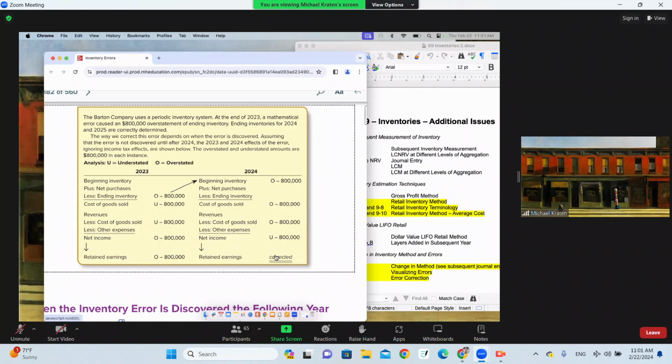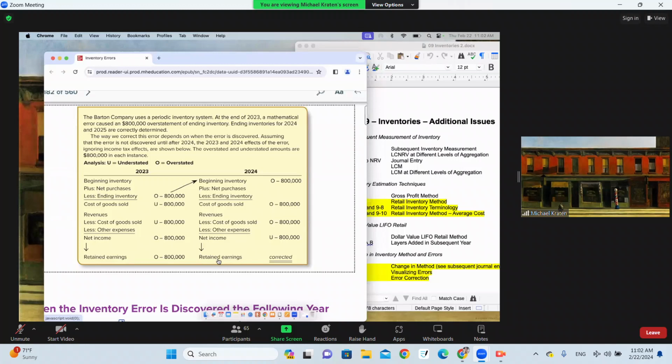Okay, so that's a summary of basically the way these columns work, the way that inventory, which is an asset on your balance sheet, interacts with cost of goods sold, which is an expense on your income statement. But remember, the bottom line on your income statement, net income, kind of goes backwards and impacts a number on your balance sheet, retained earnings.